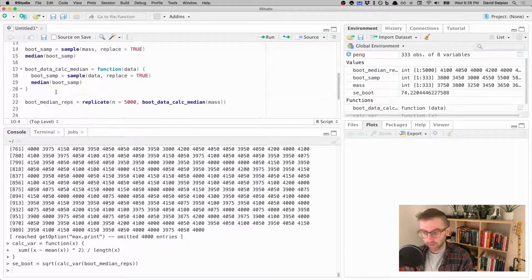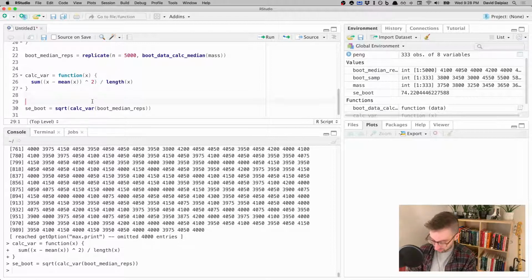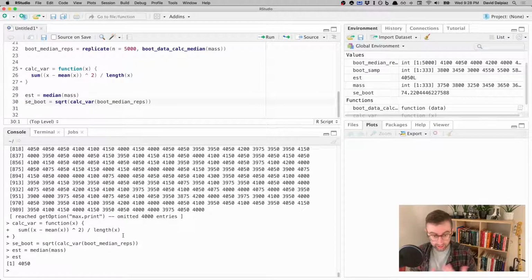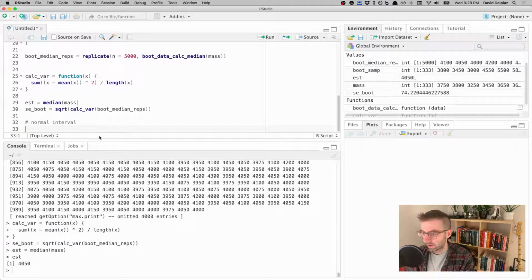Let's do the normal one. Oh, I have one more thing I need to do. The estimate. So this is the non-Bootstrap. This is just the usual plugin estimate of the median. Okay, so for the normal interval, I need to do roughly estimate plus or minus critical value times standard error.